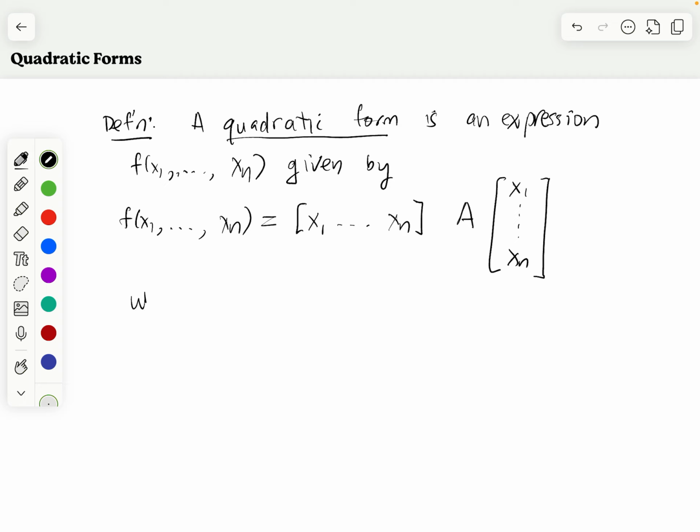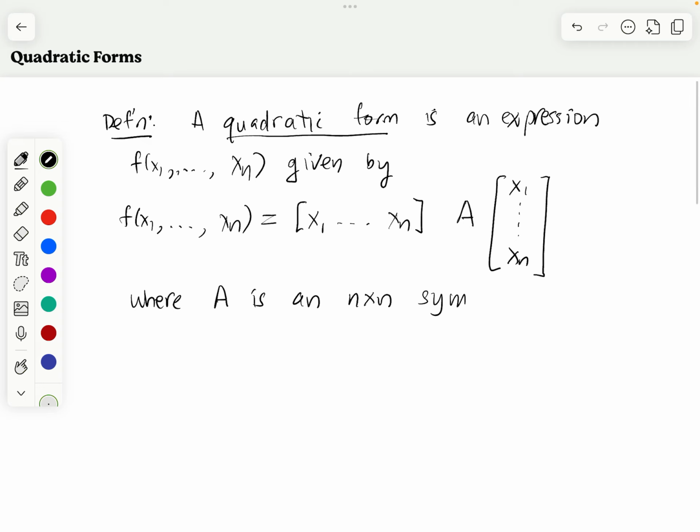So, where A is an n by n symmetric matrix. That's one way to define a quadratic form.